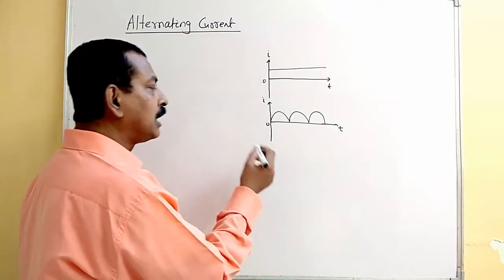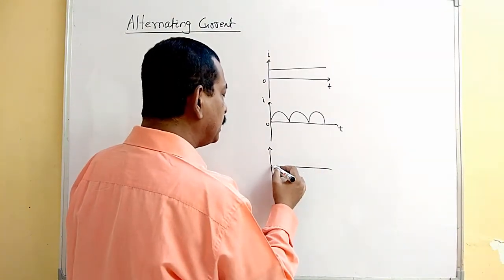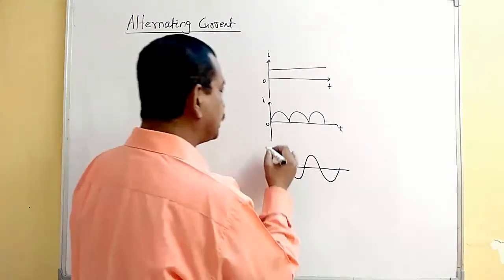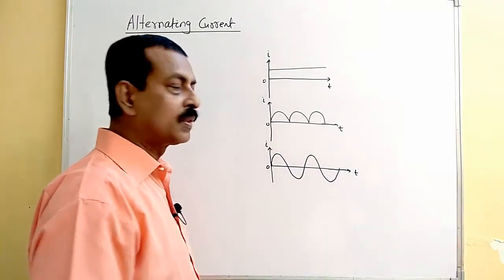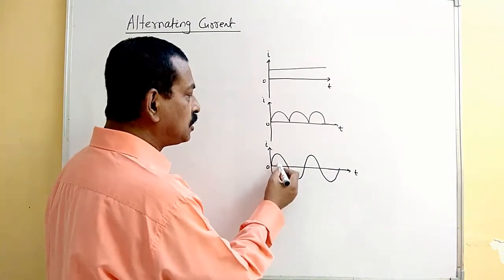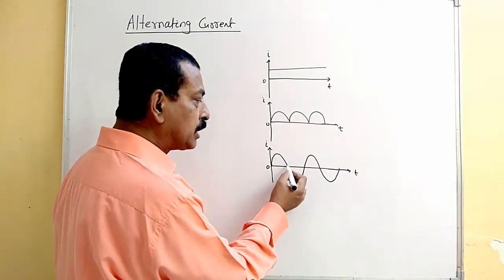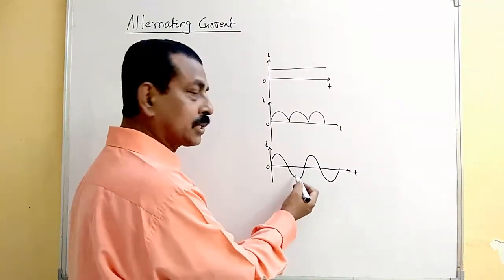But if you consider the alternating one, in that case, this is the particular representation for alternating current. That means this is the current, this is suppose the time. So its magnitude is different at different instants. Also, after a particular interval of time, say half time period, it is changing its direction also.